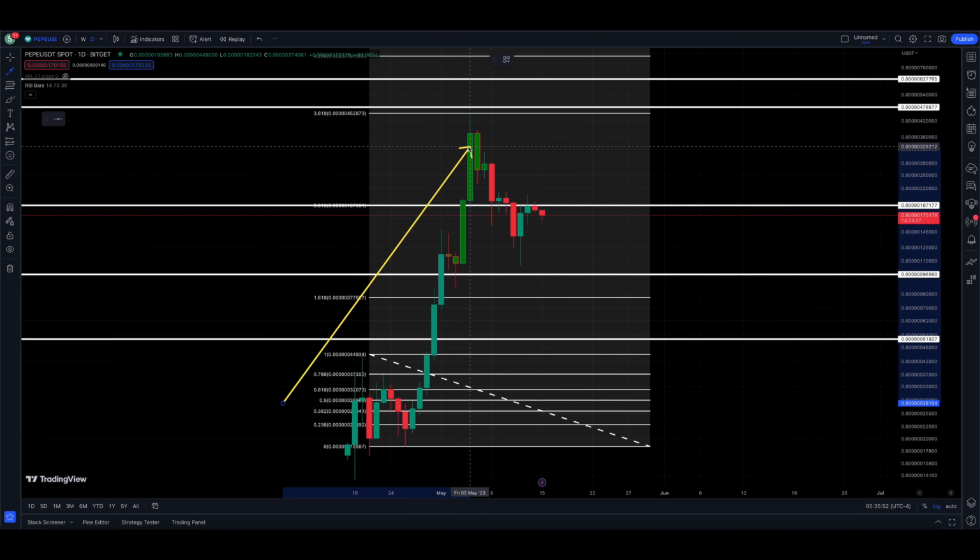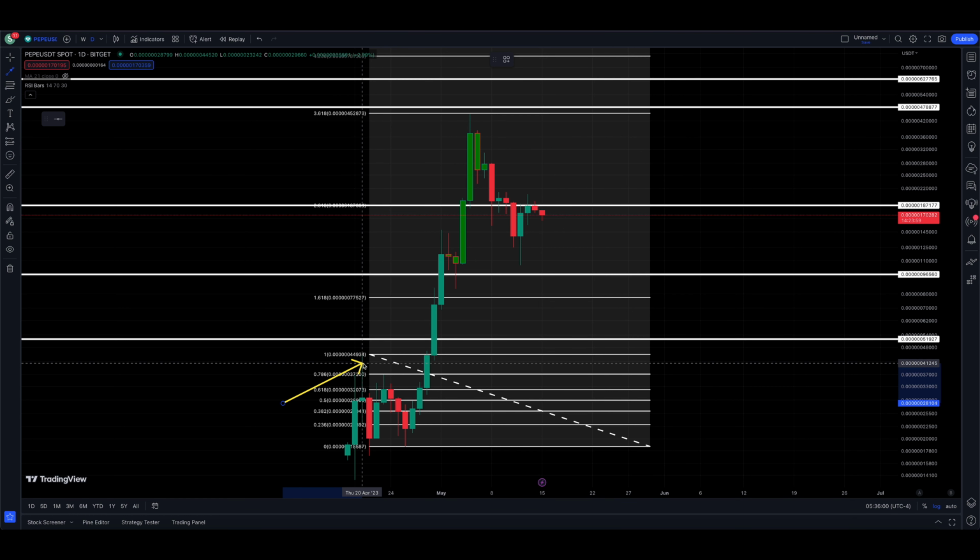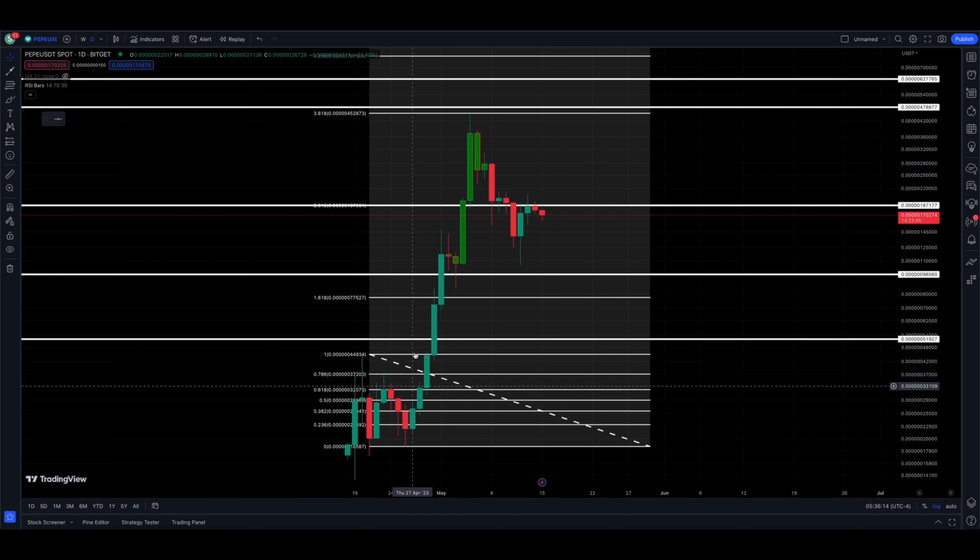Also is very close to our 4788 level, but the market didn't make it up that high. That's taking the high of the 20th and the low of the 26th. What I don't like is this is a lower low here, but we'll just have to move on from that. I don't have too much data here on this chart, so it is what it is. So the 3618 is where the market topped out based on that.